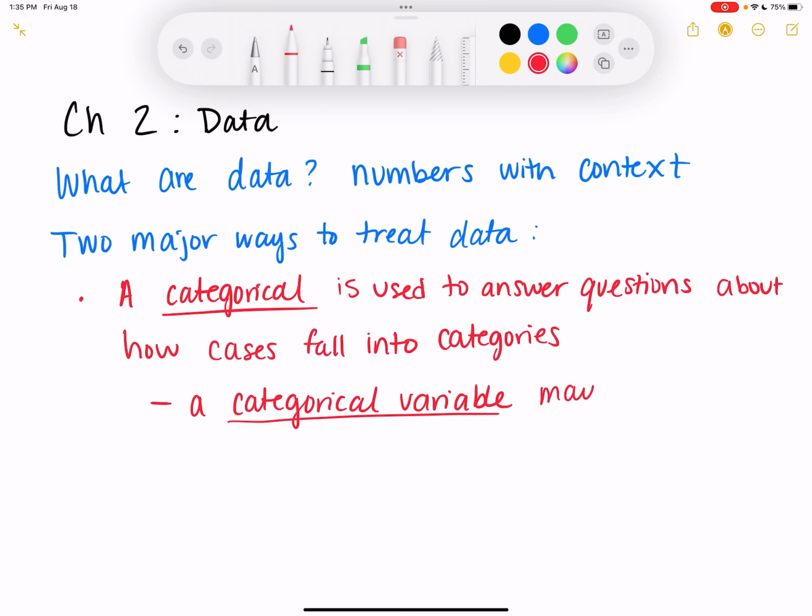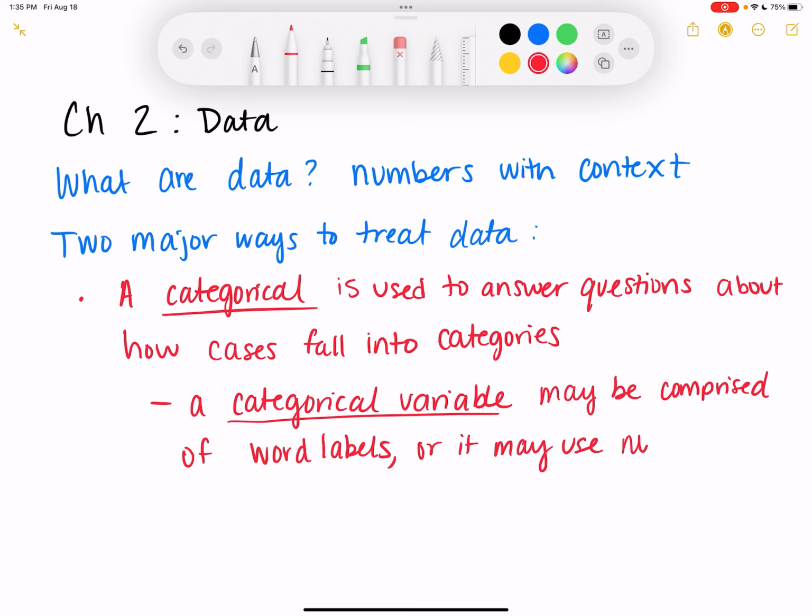May be comprised of word labels, or it may use numbers as labels.